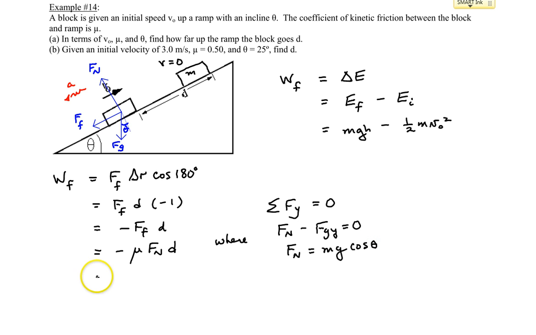Let's replace that into our expression. We have negative mu mg cosine theta times d. So we have negative mu mg d cosine theta. Now we have this side determined, so we can write negative mu mg d cosine theta, and now we need to find out what the distance d is equal to.